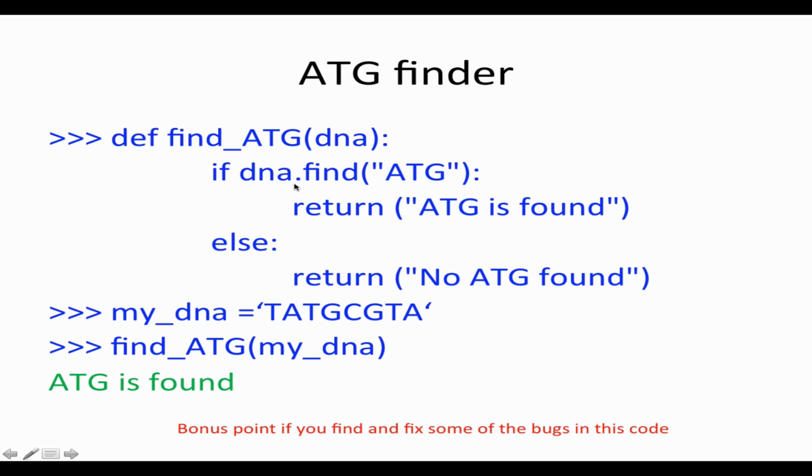If DNA.find, that's another function that is already built into Python that I'm using inside of this function. If DNA.find ATG, return ATG is found. Really, really stupid. It doesn't really do anything that DNA.find your string name wouldn't do, but I'm trying to make it simple. Else return no ATG found.